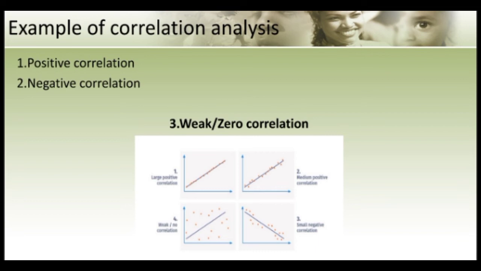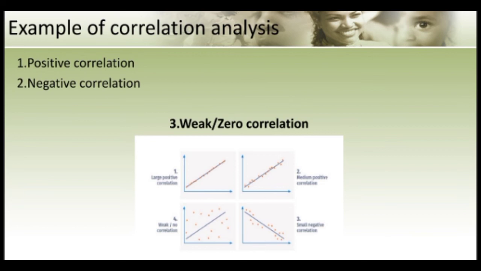So makikita nyo dyan sa picture sa screen na sa number 1, ganyan natin makikita. Ayan yung sinasabi nating large positive correlation. The second is medium positive correlation. Makikita natin na medyo dikit siya.